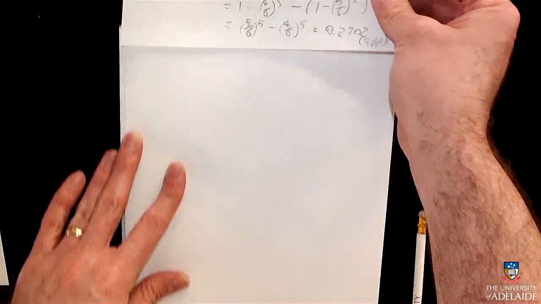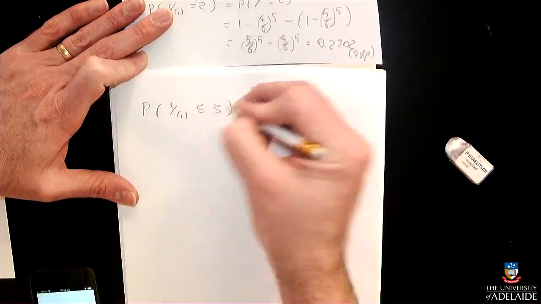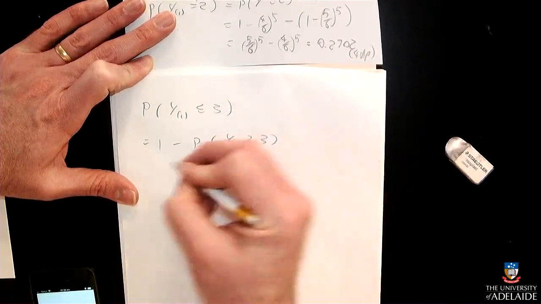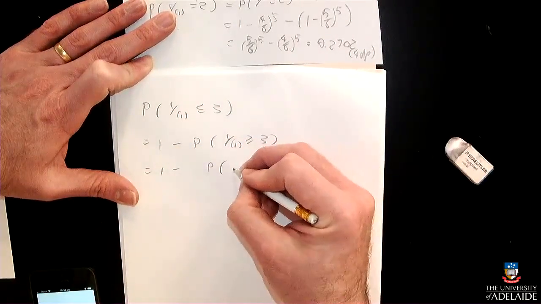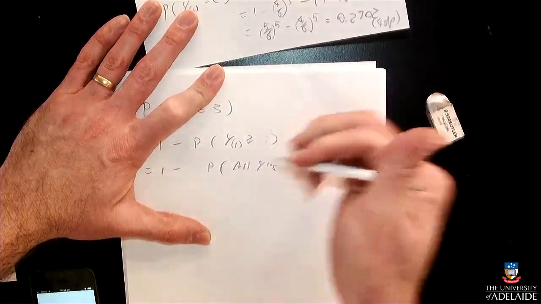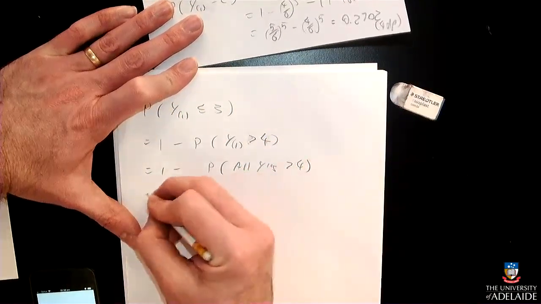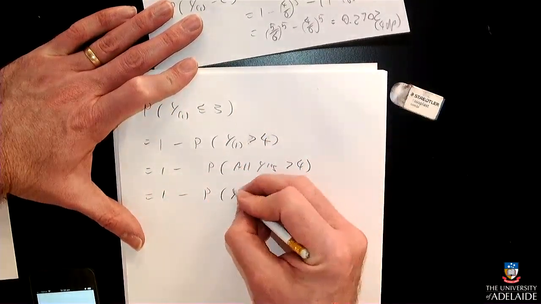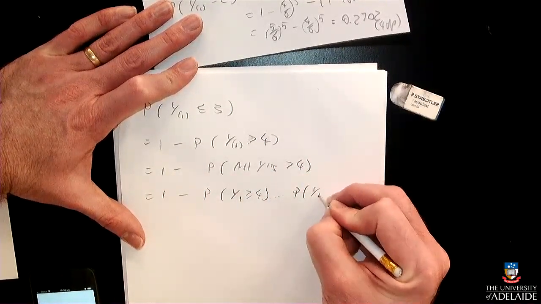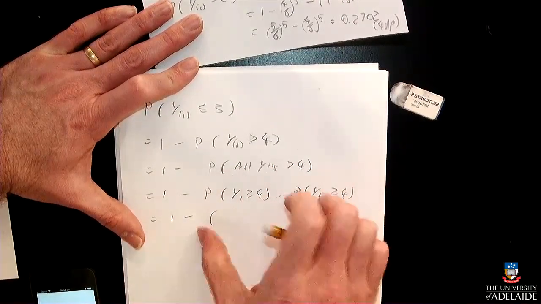So I could say that the probability that y1 is less than or equal to 3 is 1 minus the probability that y1 is greater than or equal to 3, which is 1 minus the probability that all the yi's are greater than or equal to 4, which is 1 minus the probability of y1 being greater than 3, it's 1 minus 4, 5, 6, 3.